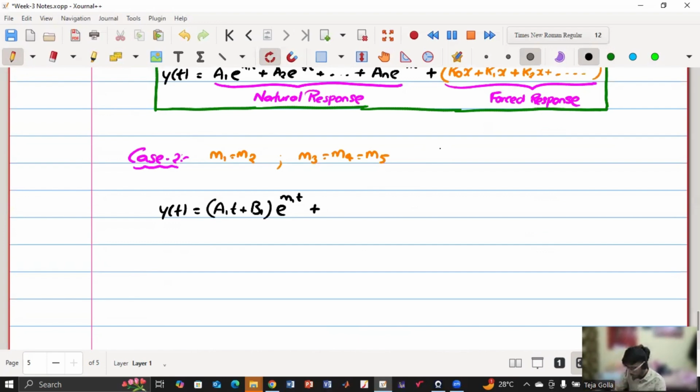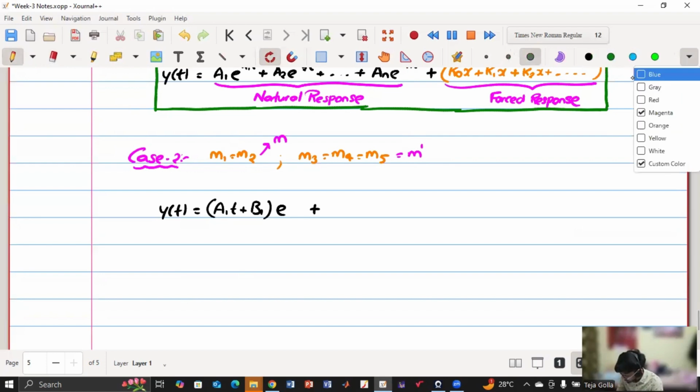Let us take this as m, and for the other roots we'll consider m dash. So now it becomes e power mt. Now three terms are there.